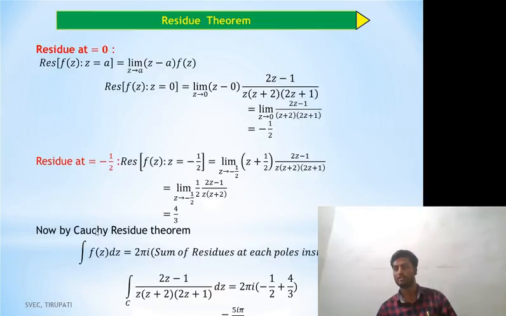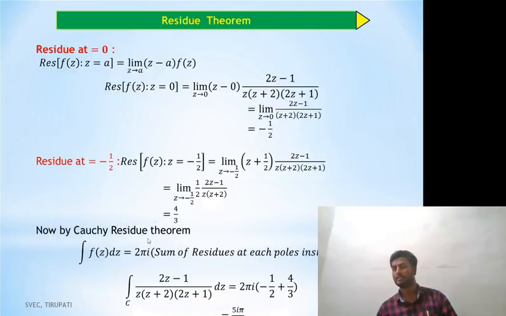This is your residue. Now at minus 1 by 2, the term z plus 1 by 2 gets cancelled. Here taking 2 as LCM, 1 by 2 into 2z plus 1, the 2z plus 1 gets cancelled. Then you substitute z tends to minus 1 by 2. So you get 4 by 3.